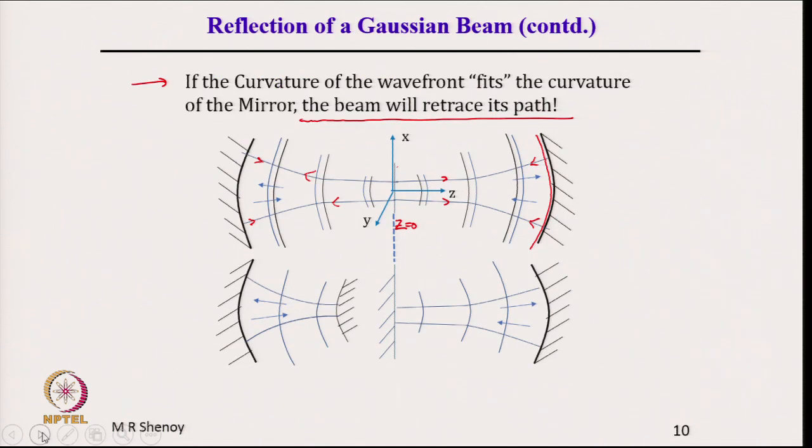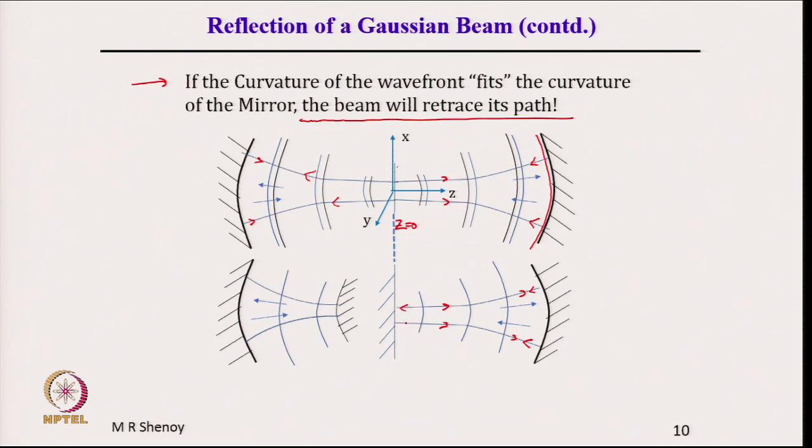So, we were here. At z is equal to 0, the wavefront of the beam is plane. Therefore, if I place a plane mirror at the waist and the concave mirror here, then the beam would of course propagate like this and get reflected back exactly along the same path, provided R m is equal to minus R I at that point, and then the beam would come back.